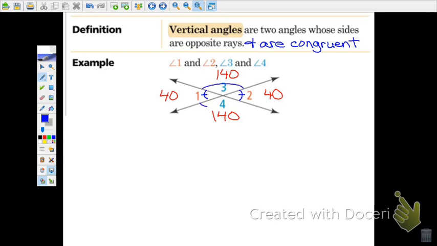Angles 3 and 4 are congruent. They have 2 tick marks because I'm not saying they're the same as the other ones. But vertical angles are always going to be congruent because of what we know about supplementary angles.